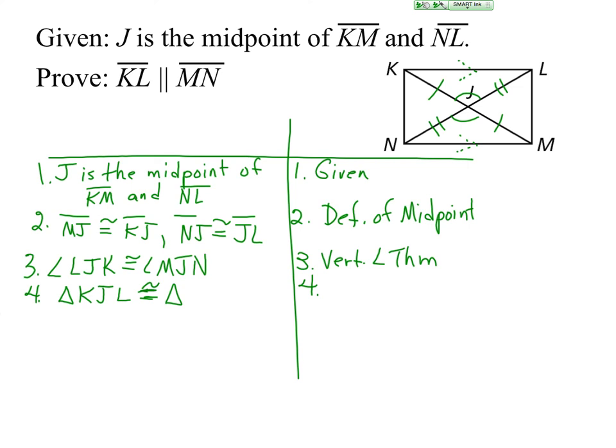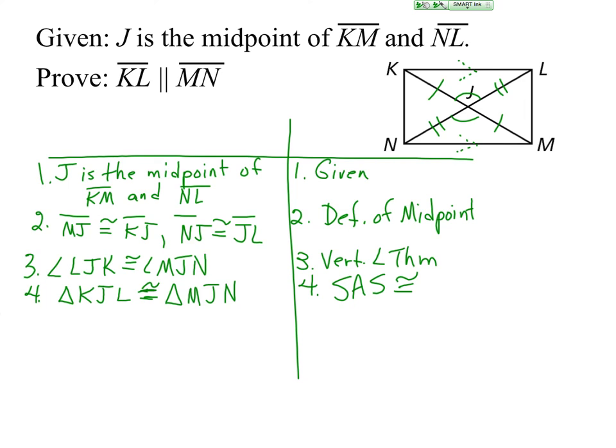That's not the way I want it to match. MJN. So that would be the order. Reason? Side angle side. It is important that you list them in the matching order, otherwise your CPCTC statement isn't going to match right.